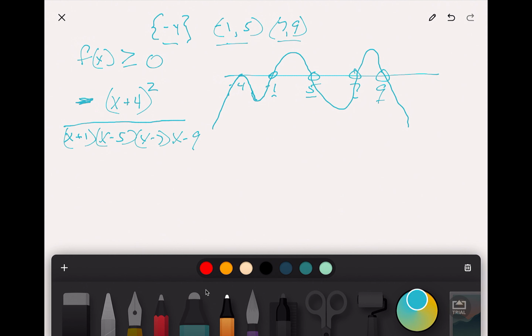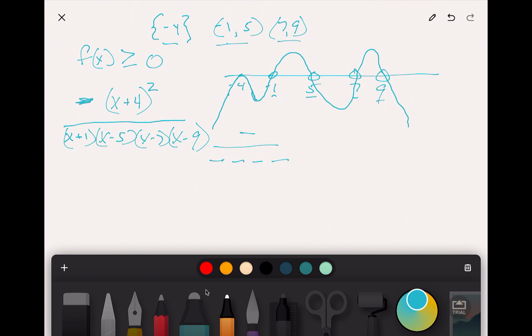So let's just see if this function has all the features we want it to have. Let's do a sign chart, and let's look at everything less than -1. If x is less than -1, of course the numerator is going to be negative because we put that minus sign there. And all of the factors in the denominator are going to be negative, right?